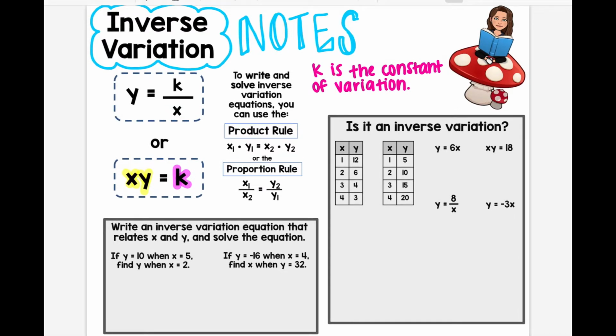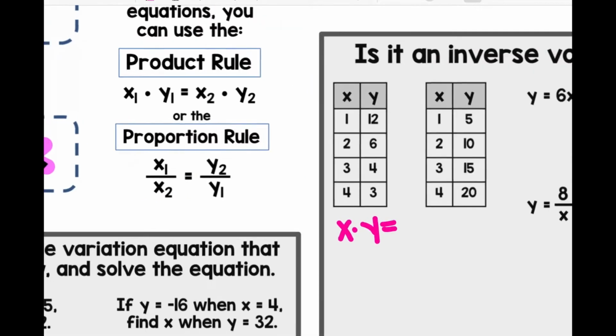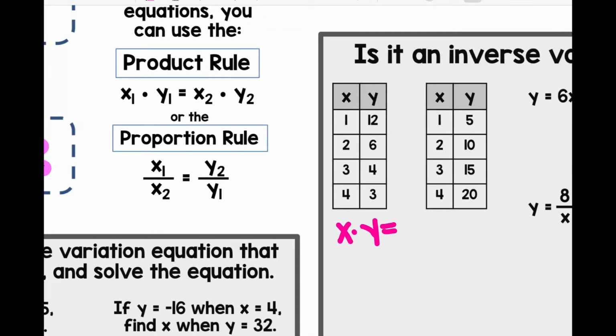When you're looking at a table, in order to tell if it's an inverse variation relationship, we simply need to know that x times y is equal to a constant value. If we look at this first table, we want to know if x times y is a constant number for each value of x and y. 1 times 12 is equal to 12. 2 times 6 is equal to 12. 3 times 4 is equal to 12.